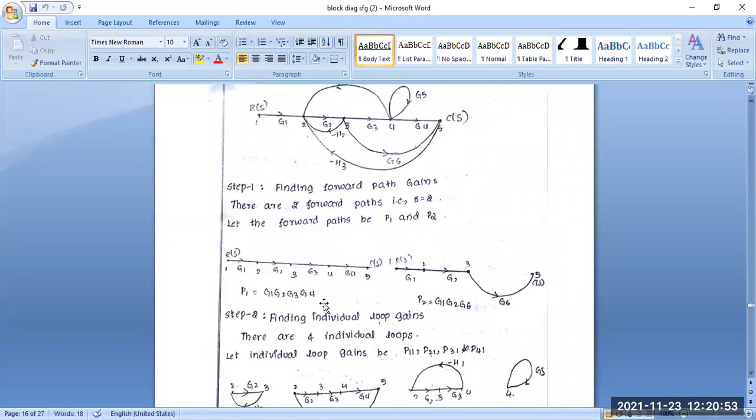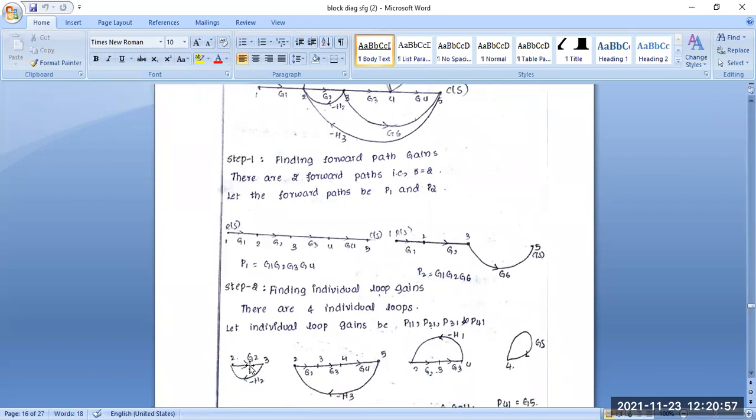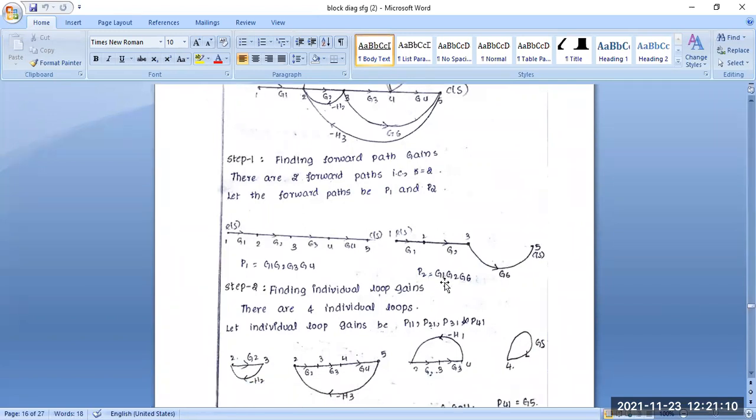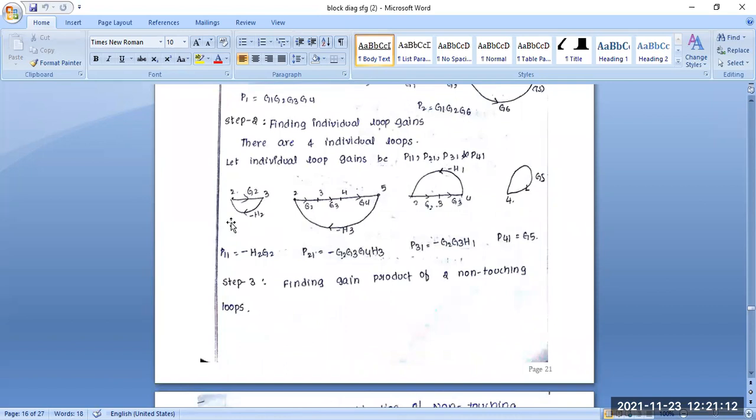So there are 4 individual loops. The first is node 2 and node 3, then the second, these 2 and these 5, then the third, this one, and this loop also. Here you can see P11 first: this is minus H2 and G2. This is the value of P11.